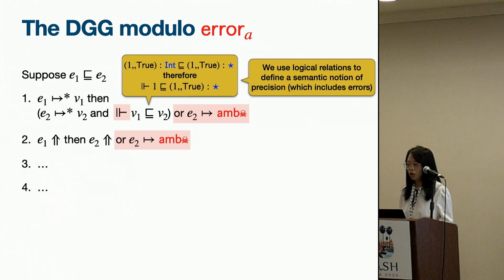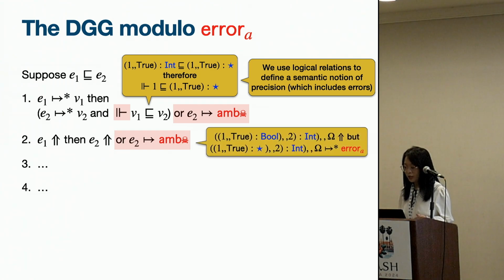Nothing will be projected. And the other case is that if E1 diverges, then E2 diverges or reduces to an ambiguity error. You can think of this program here, where the first expression diverges, but the second one gives an ambiguity error because they are two integers.